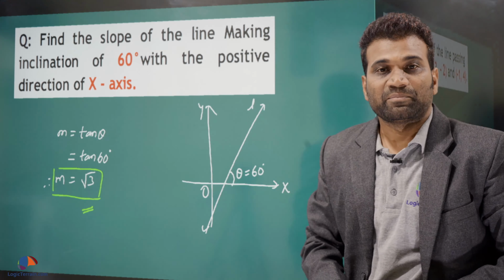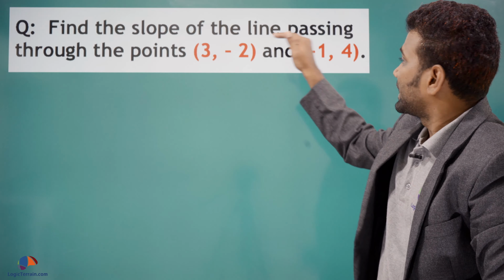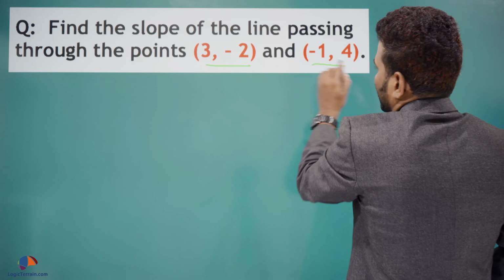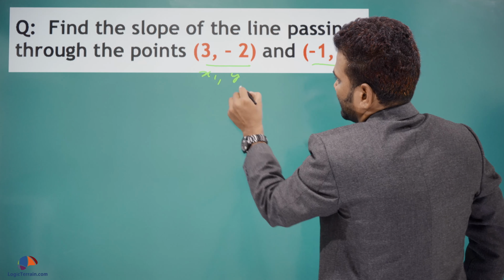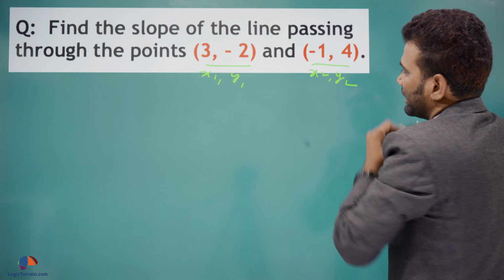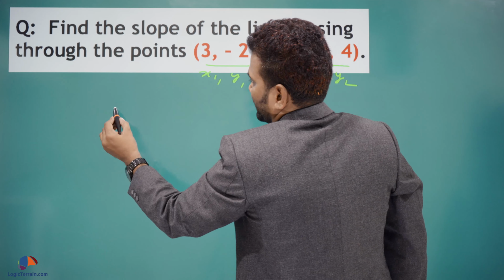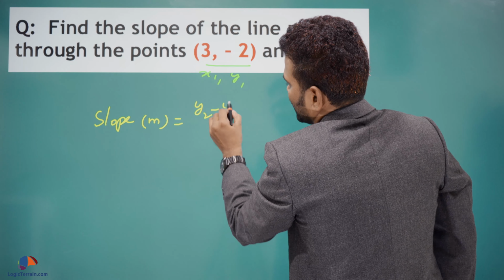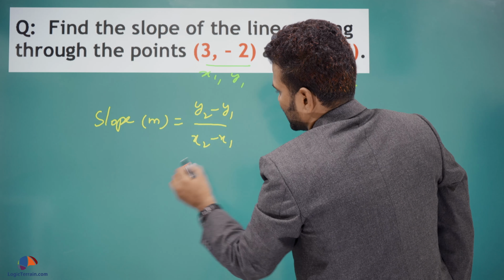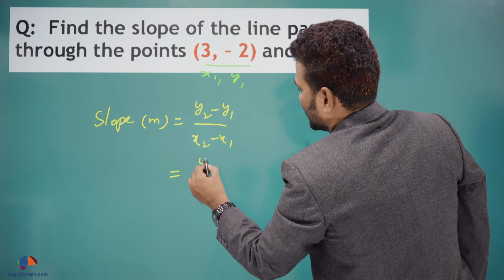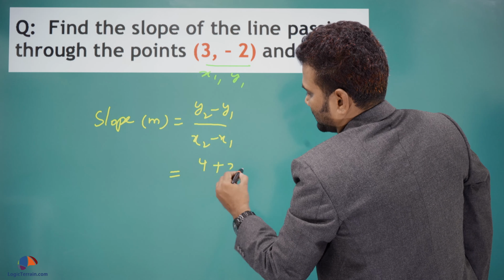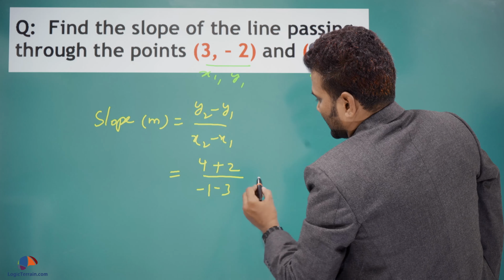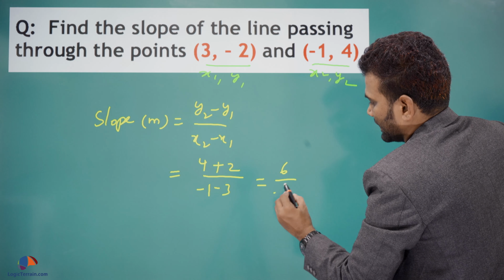So we'll look at another example. Find the slope of the line passing through the points. When 2 points are given, how to find the slope? Here we are given 2 points. Let us say this is x1, y1 and this is x2, y2. And we have the slope formula: slope m equals y2 minus y1 upon x2 minus x1, which equals 4 minus of minus 2, that is plus 2, upon x2 minus x1, where x2 is negative 1 and x1 is 3, and adding this, 6 upon negative 4.